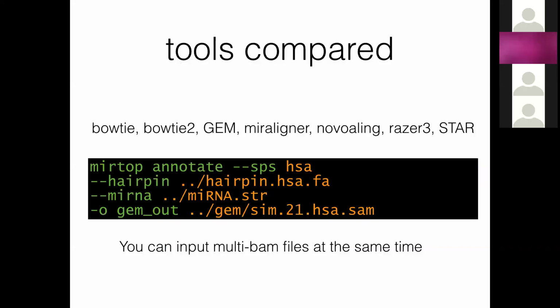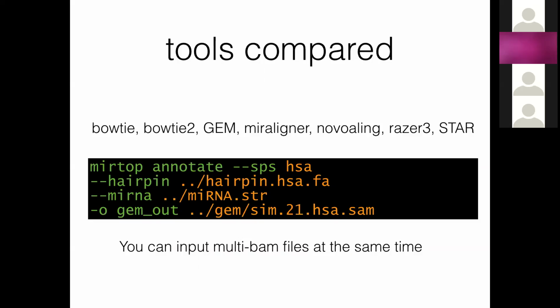It's kind of easy to use. You put the species, then use the hairpin FASTA file from miRBase, and the structure of the microRNA is also a file from miRBase.